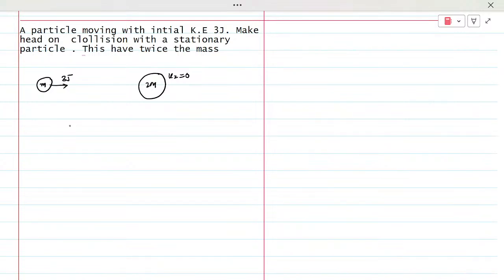And the question is the minimum kinetic energy of the system during impact.